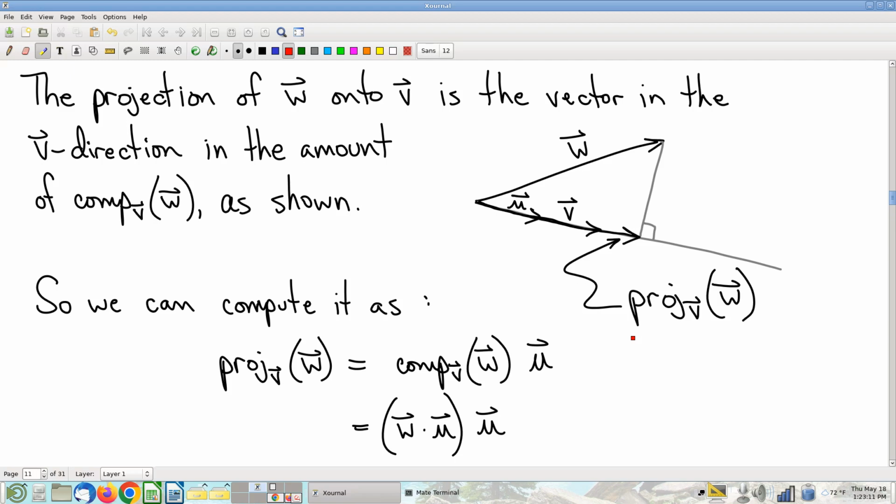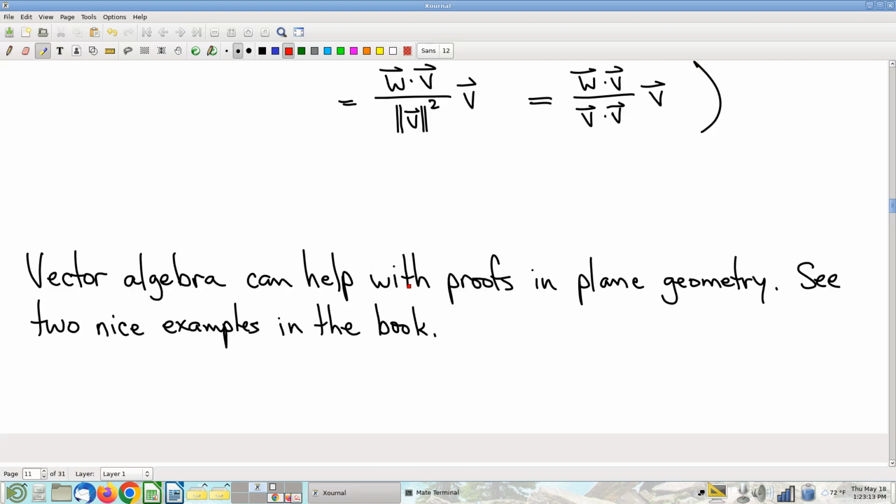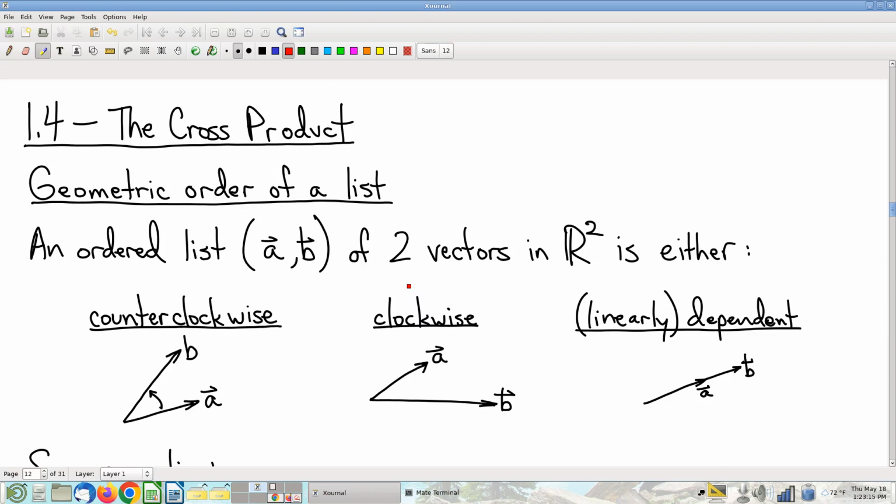Okay, so I want to move on to section 1.4, and we're going to talk about the cross product eventually. So real quick, let me say a couple of words about how I'm going to approach this section.